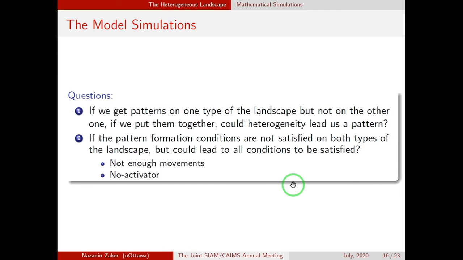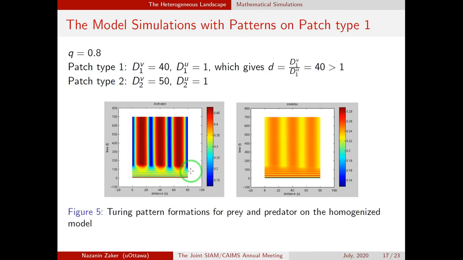The other question is: if the pattern formation conditions are not satisfied on either type of patch, for example on patch 1 it's possible to get patterns, but if we have no activator or not enough movement, we don't get patterns, and we don't get patterns on patch 2 either, when we put them together, could all conditions be satisfied to get patterns because of the effect of heterogeneity or not? We answer these questions by using the following numerical simulations.